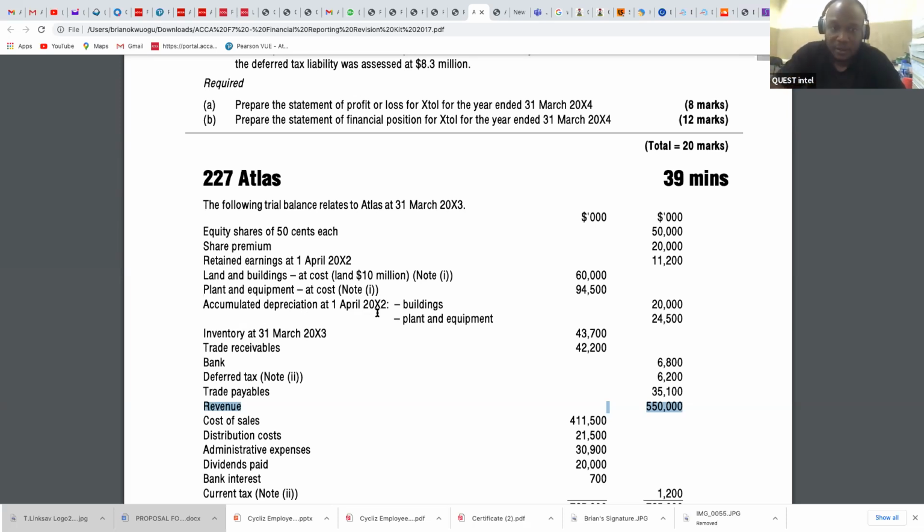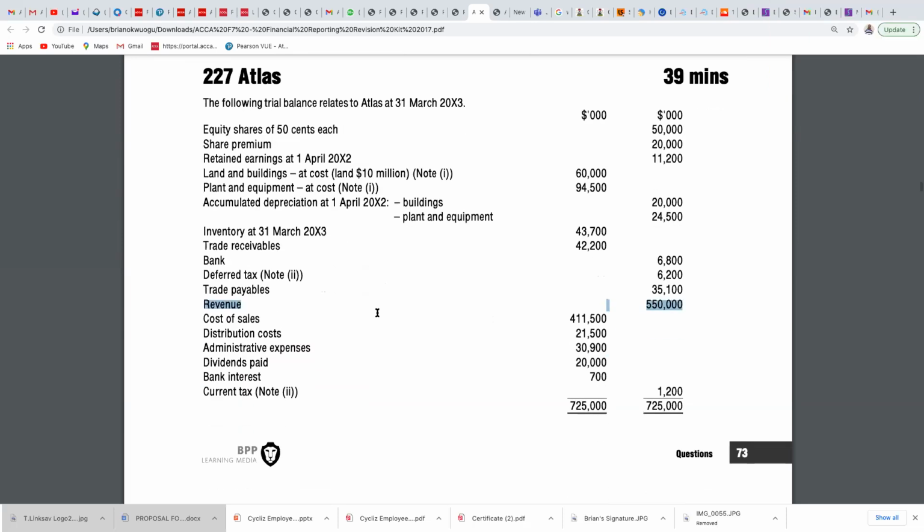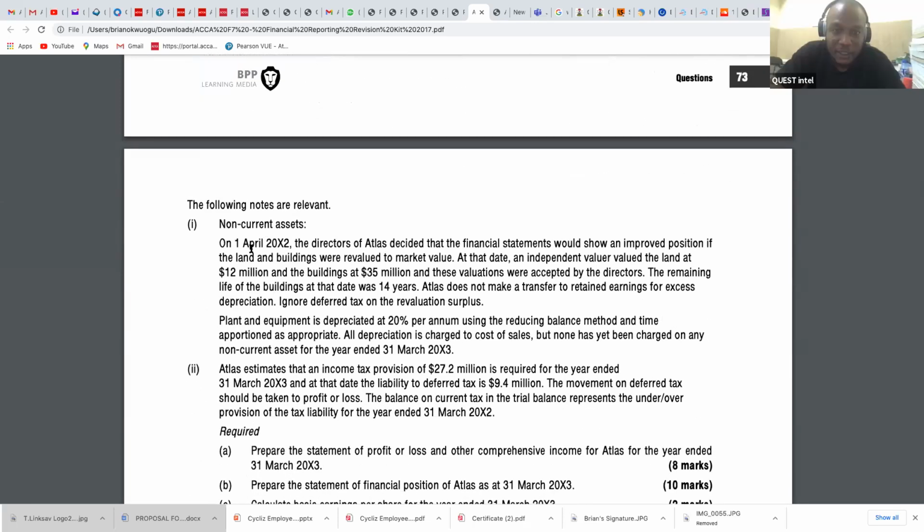Is that clear? Yeah. Then the other thing to do is go back and find out, when did they do the revaluation? They did the revaluation at the beginning of the year. That's when the directors had sense and said, let's revalue at the beginning of the year. The carrying value and the revalued amount must be compared at the same point in time.